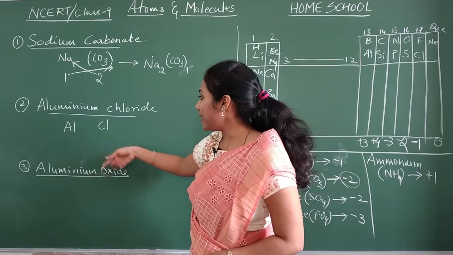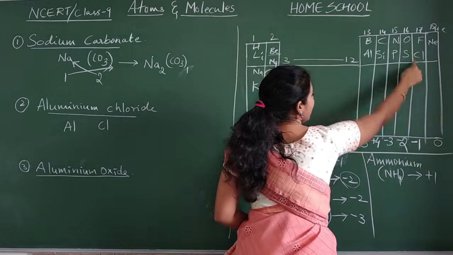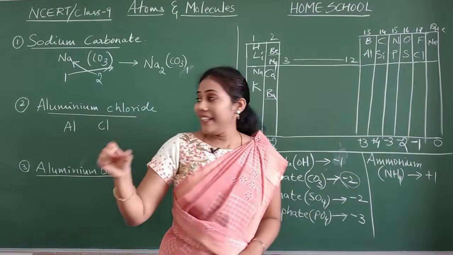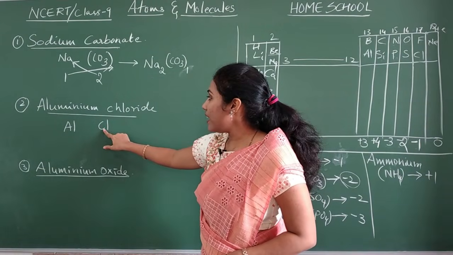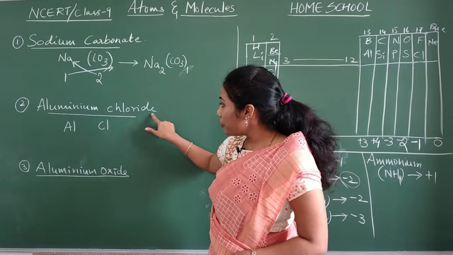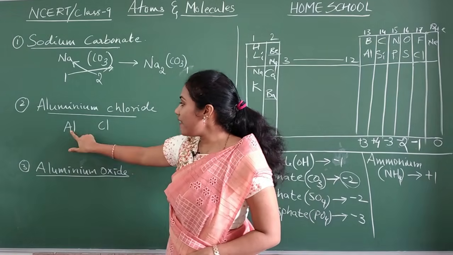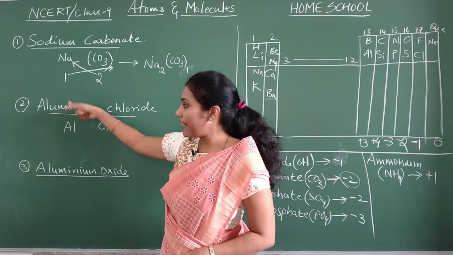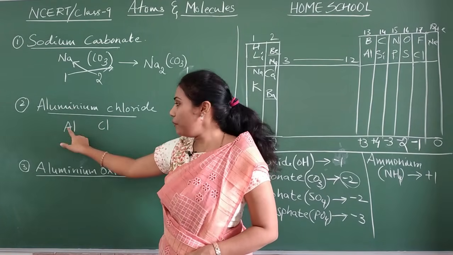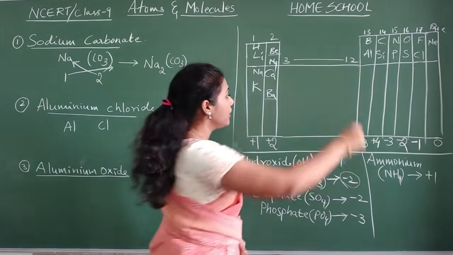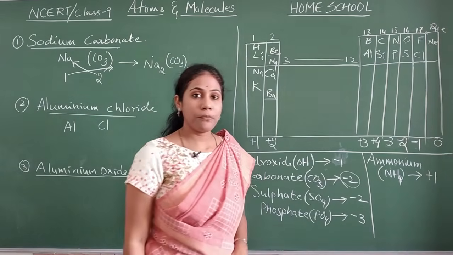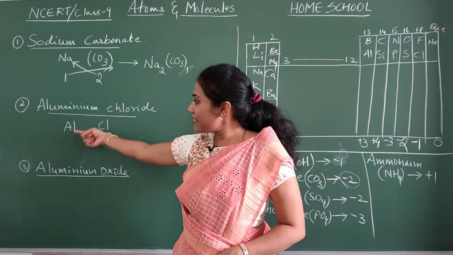Okay, so I told you why we have written chloride here. It is a negative part, it is having a negative valency. See, chlorine. So any element which is having a negative valency, in a name you have to add IDE at the end. The one which is having positive valency, you will write its name as it is. See, aluminium's valency, how much? Aluminium is having +3. Positive guy. So its name is written as it is.